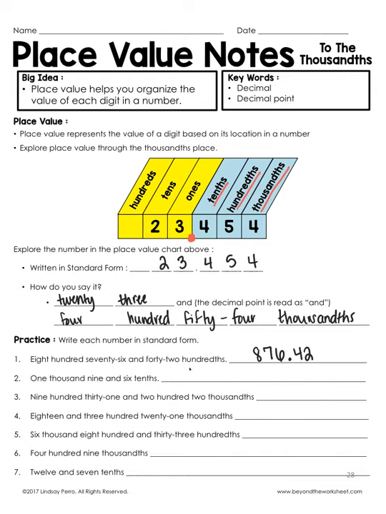So I have 1009, decimal point, 6 tenths. Then 931 and 202 thousandths.